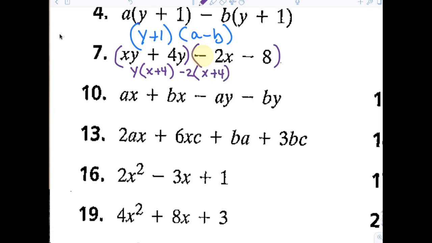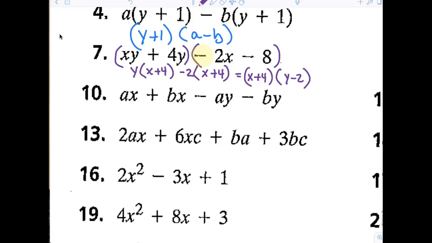Now you're right back where we started. So now what's common? X plus 4, and what was left behind? Y minus 2.